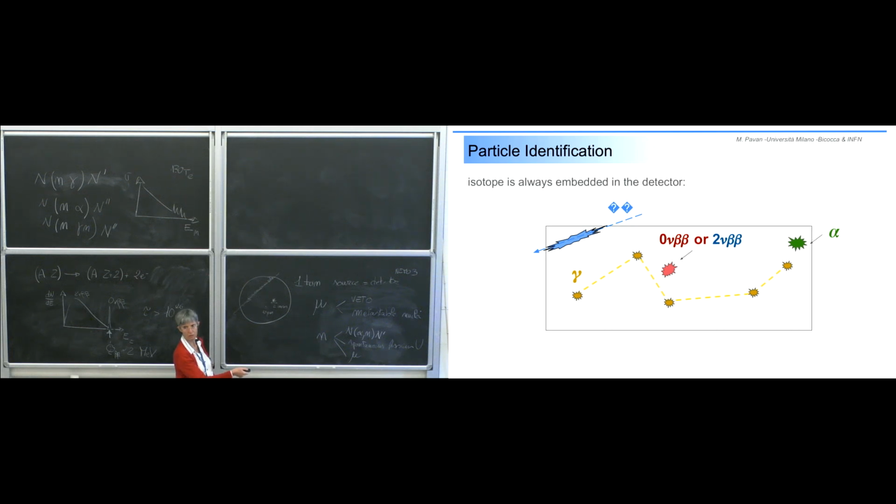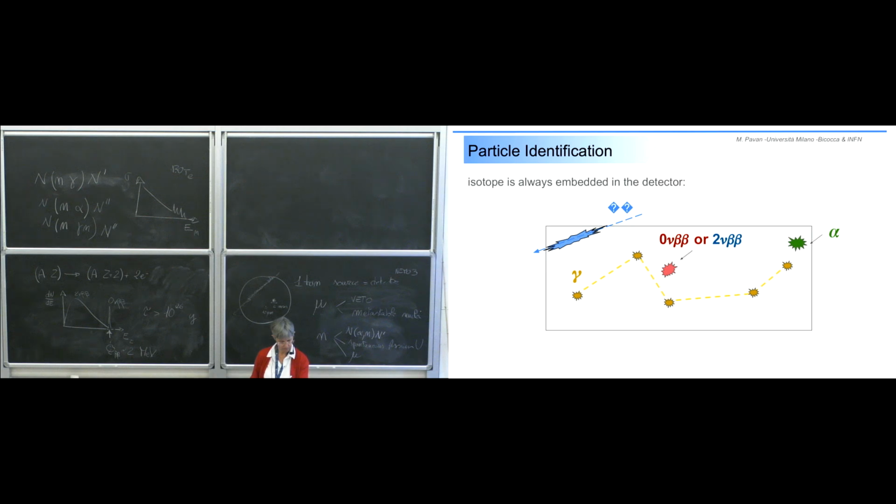My candidate event is a hot spot with this dimension. And here the dimension is similar, but should be much smaller. That of an alpha particle is a hot spot, much smaller. While a gamma does something like this. A different hot spot spread in your detector.